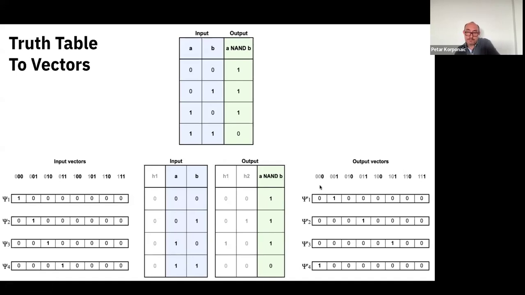And output, the same with output. So we have 1 as output, so 0, 0, 1. Now, the problem is that the output is not unique. Output is not unique, and then we will not be able to make a unitary matrix. The transformation will not be unitary. For that reason, we need to add as many bits as needed to make our output unique.